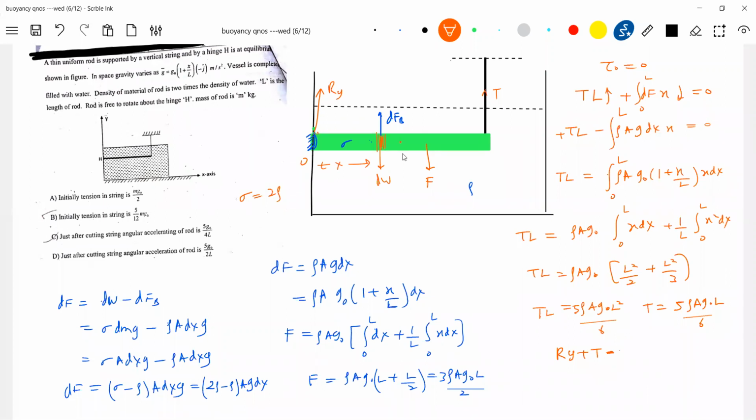This should be the m again, g is variable, no? So we'll directly write it here. This will be F equal to 0.